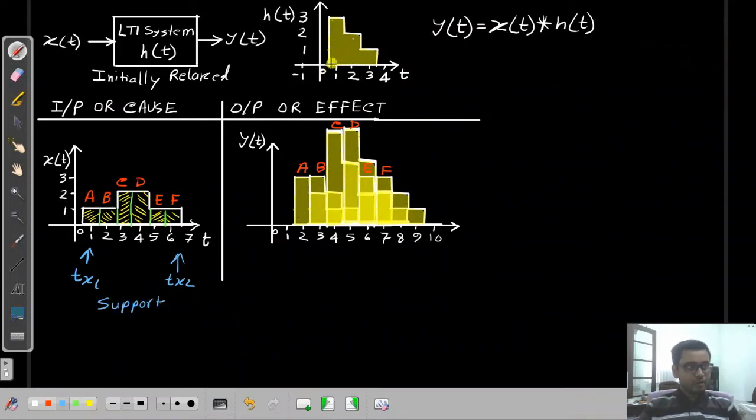and for this signal, say the support is th1 and th2.